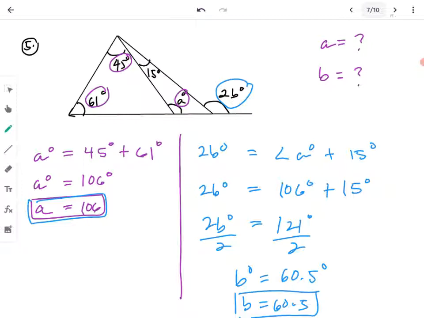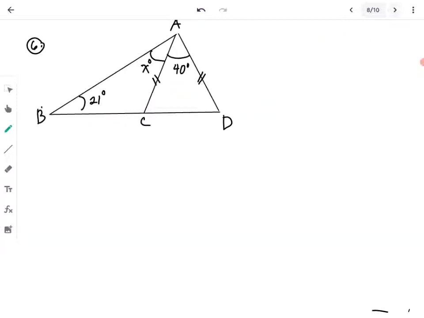Next, in this figure, what we are tasked to solve for is x. As you can see, we can relate x if we have measures on this part, because the blue marked angle ACD is an exterior angle.